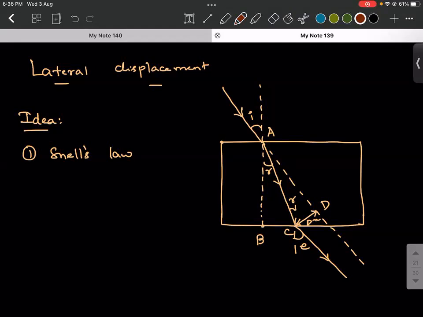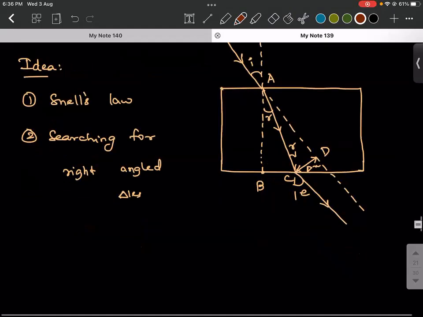But in Snell's law, you apply sin I and sin R, which are trigonometric functions, and for trigonometry to be executed, we need right angle triangles. So start searching for right angled triangles.